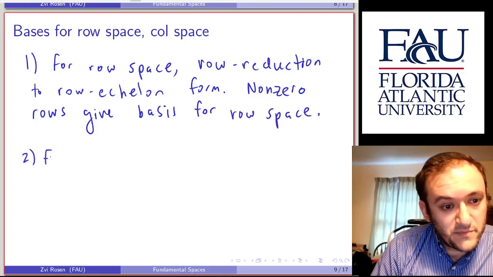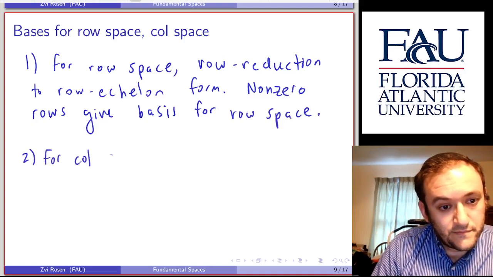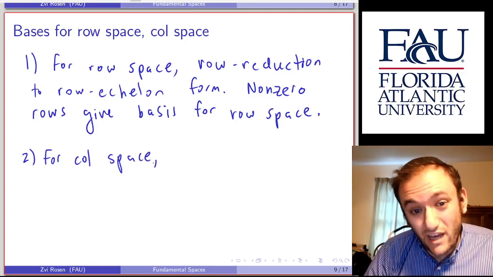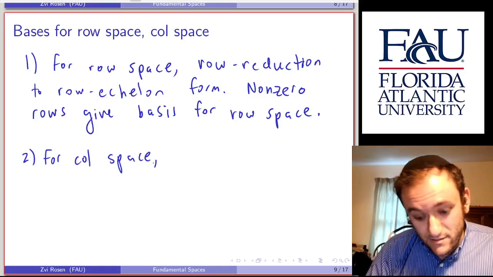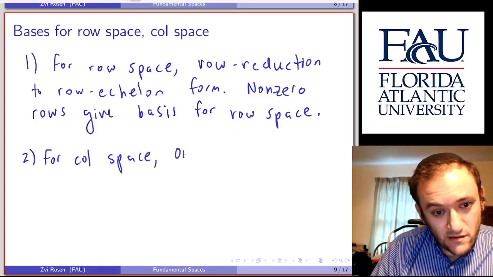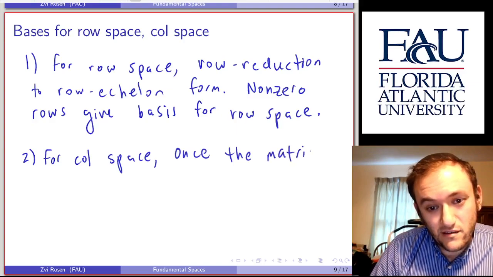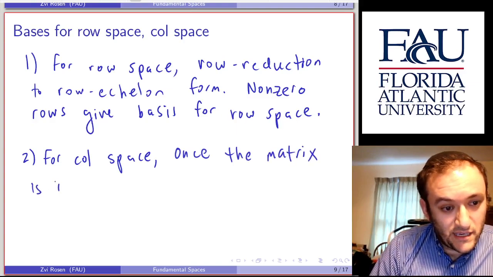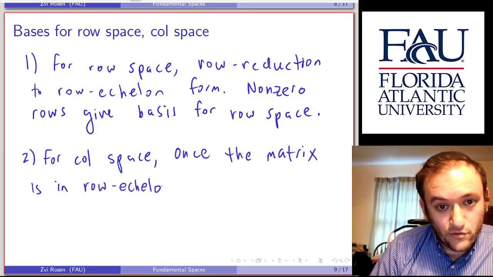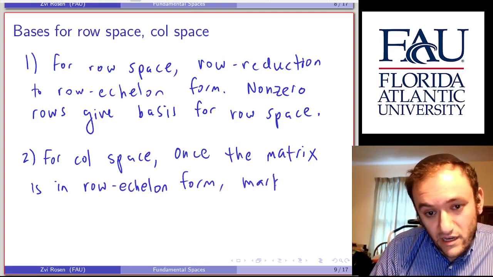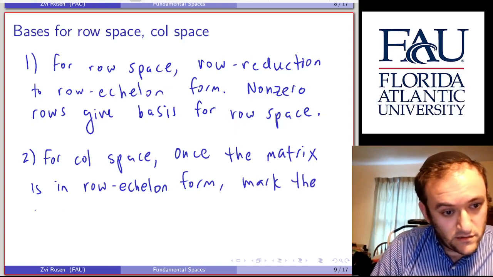Okay, as for the column space, row reduction does change the column space, but once the matrix is in row echelon form, after doing row reduction, mark the columns with leading ones.